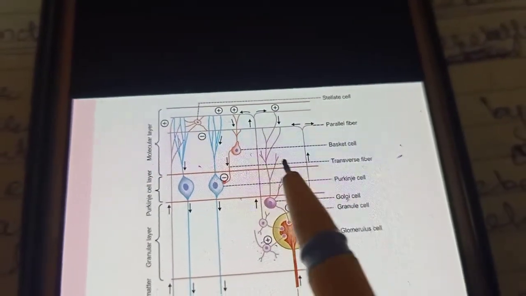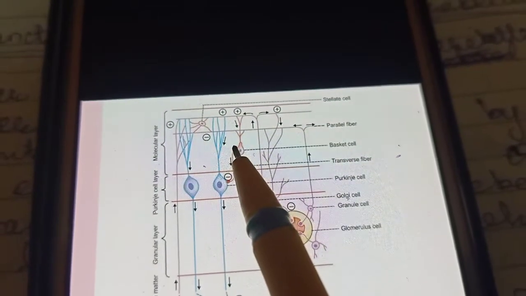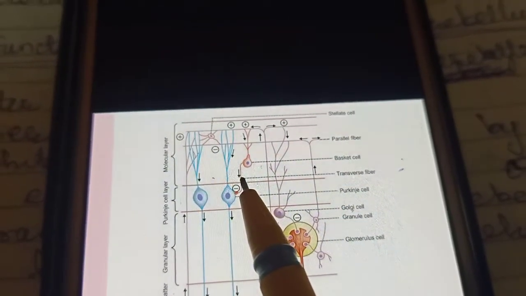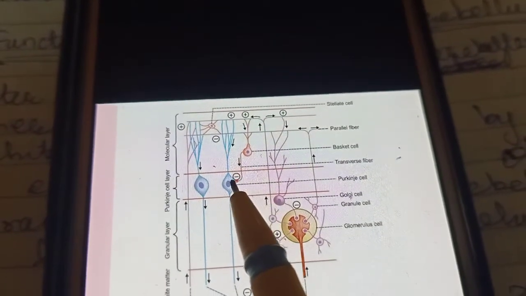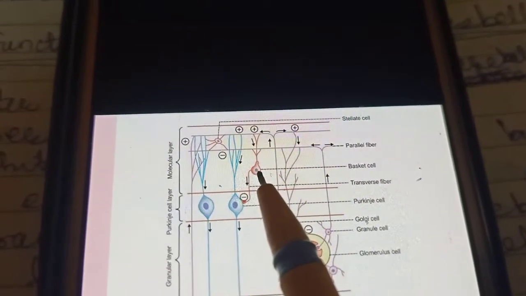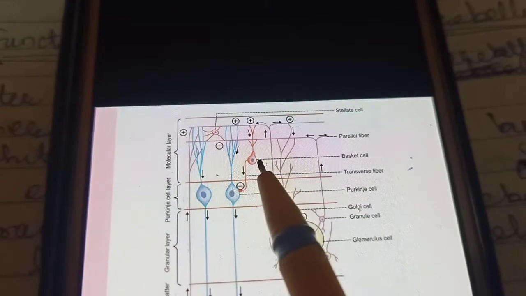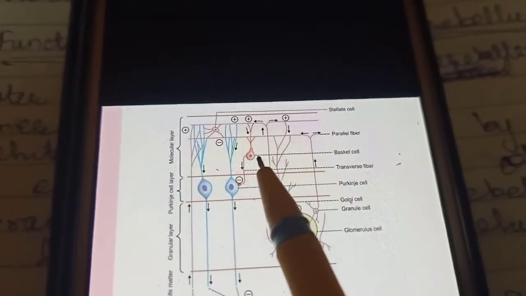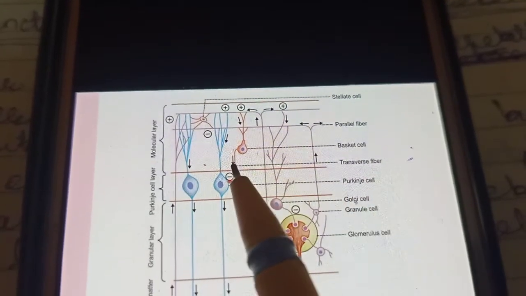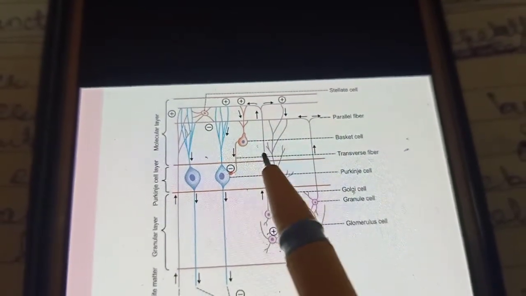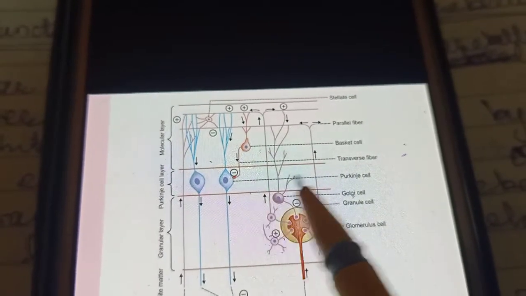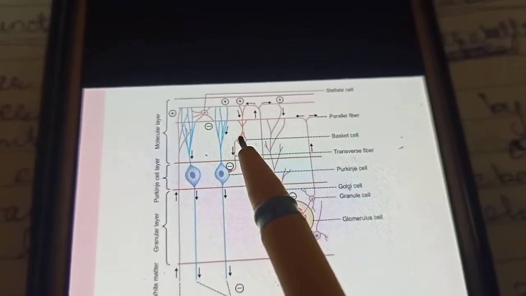You can see these are the transverse fibers, and they end on the soma of the Purkinje cells. So axons of the basket cells present in the molecular layer form transverse fibers and end on the soma of the Purkinje cell. So here is the connection.